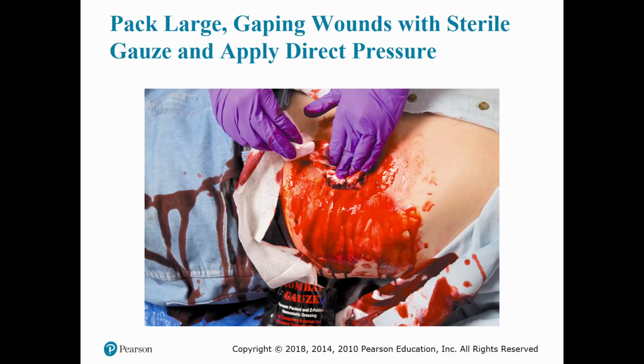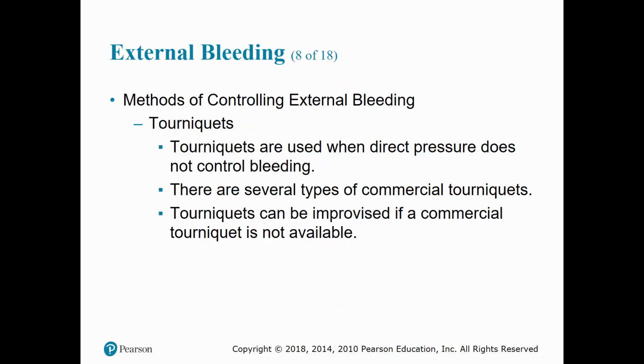If they have large gaping wounds, pack these with sterile gauze and continue to apply that direct pressure. If bleeding to an extremity is not controlled with direct pressure, the next step is to apply a tourniquet. Commercial tourniquets are recommended. However, there are no contraindications to the application of it. You can make your own if needed.